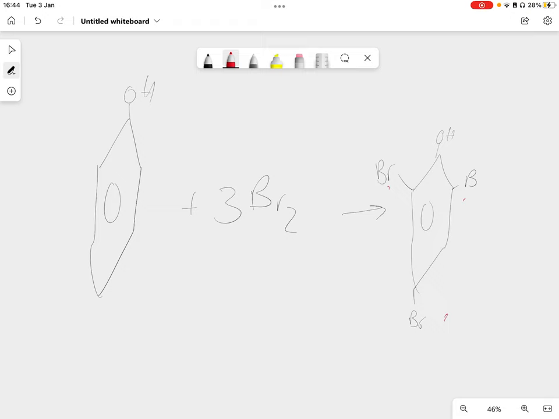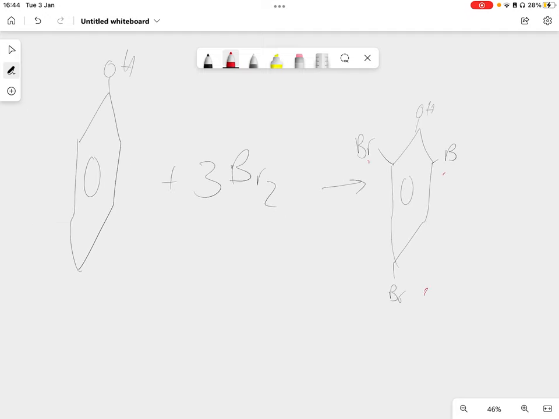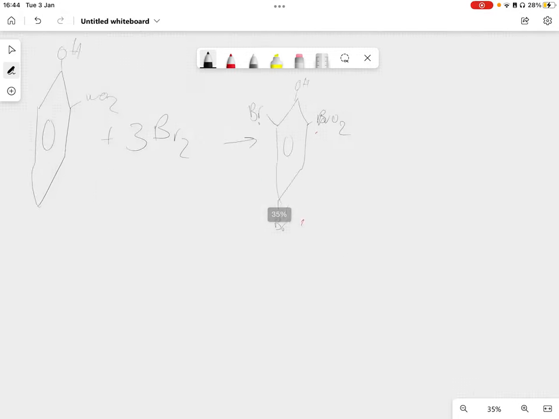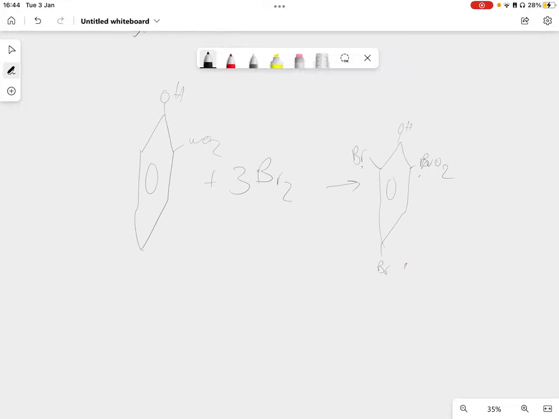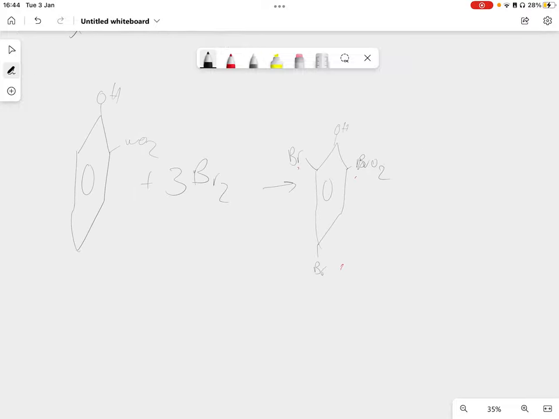So if you had a nitrophenol, let's say there was a nitro group on this one, that would remain a nitro group, and you'd get 2-nitro-4,6-dibromophenol. And that will form a white precipitate, your 2,4,6-tribromophenol.